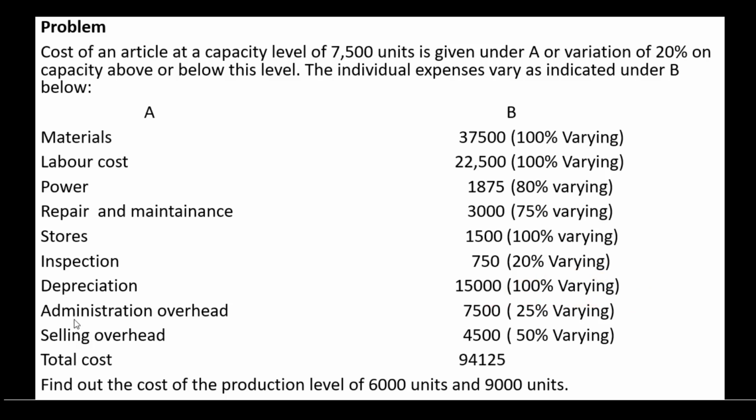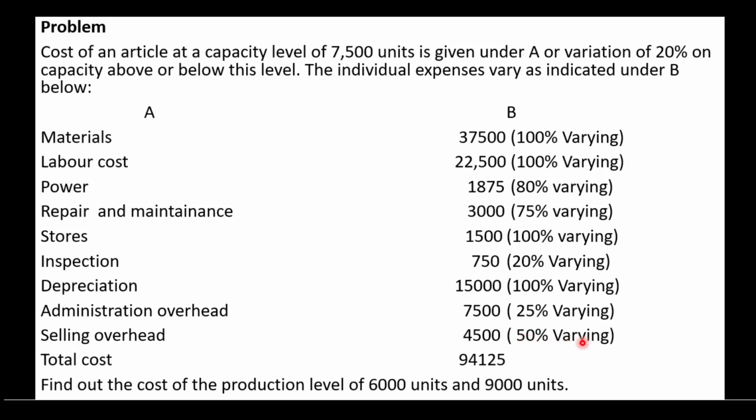And then administration overhead, the amount is 7,500. So in the 7,500 rupees, the 25% is varying and the remaining 75% is fixed. Selling overhead 4,500.